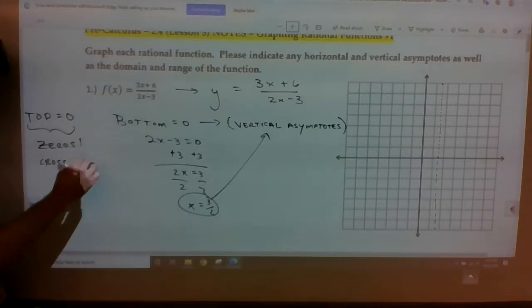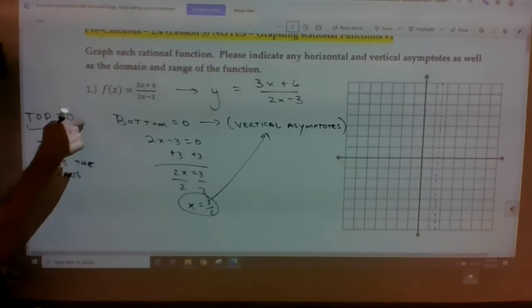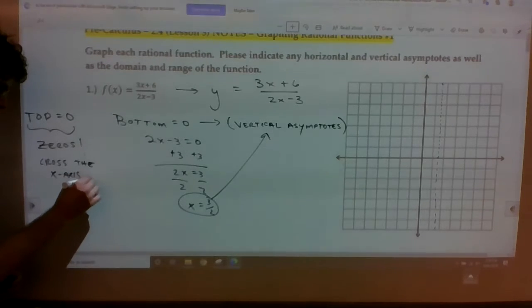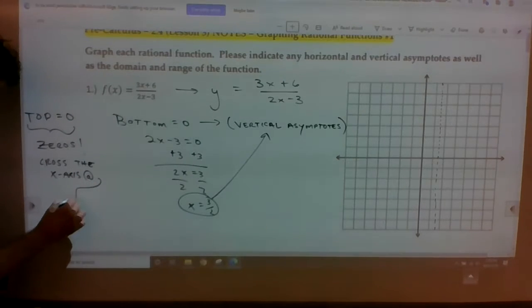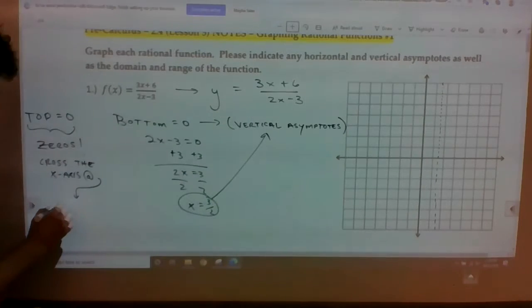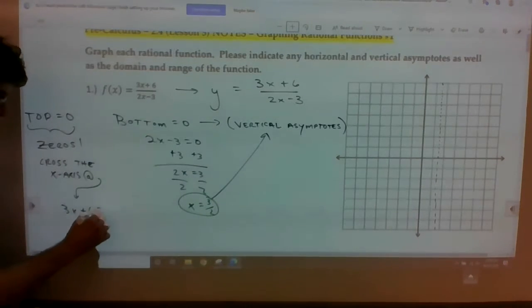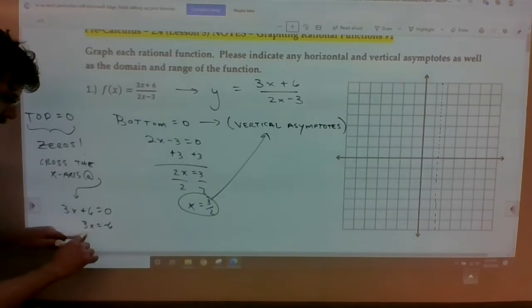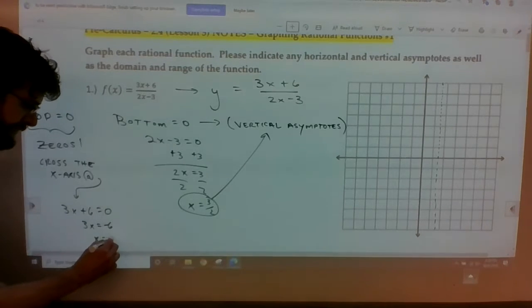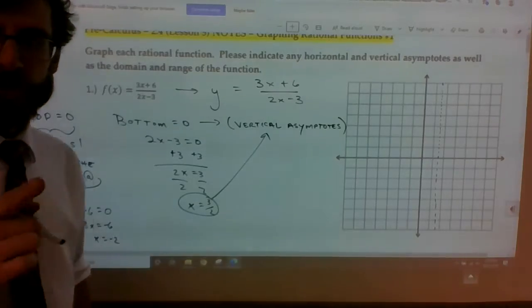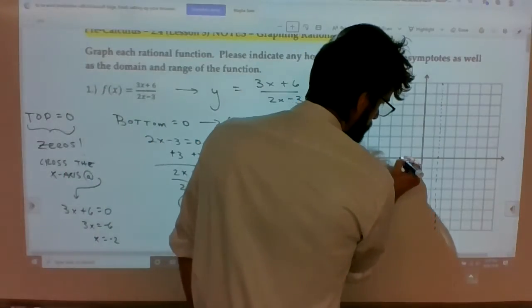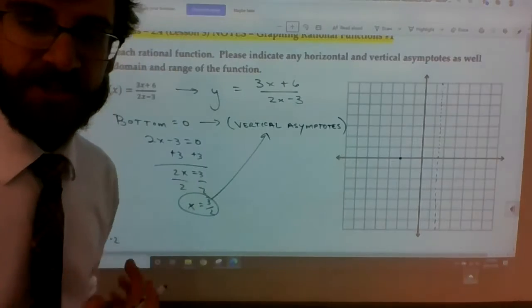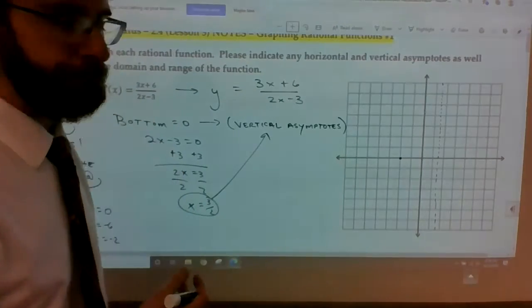Okay, so set 3x plus 6 equal to 0, solve. Minus 6 from both sides. Divide by 3 on both sides. X equals -2. That means (-2, 0) is a point that exists for this function.